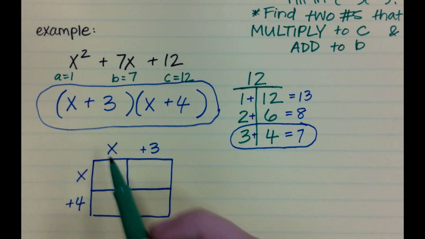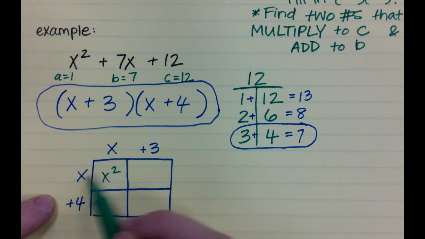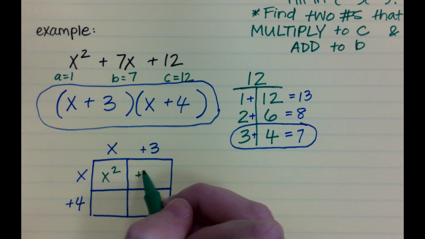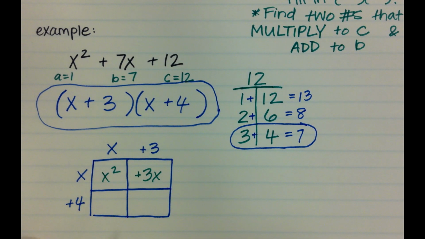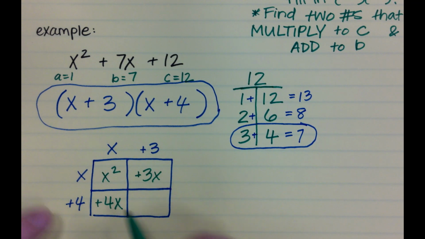And what's x times x? X squared. And then we've got our x times 3, which is 3x. Then we've got x times 4 is 4x.